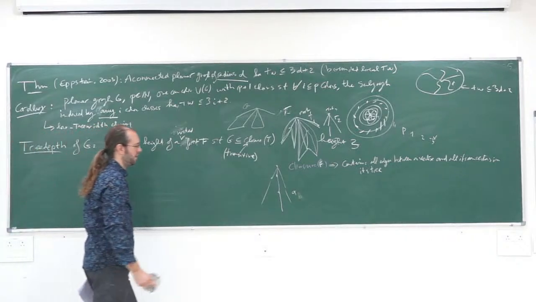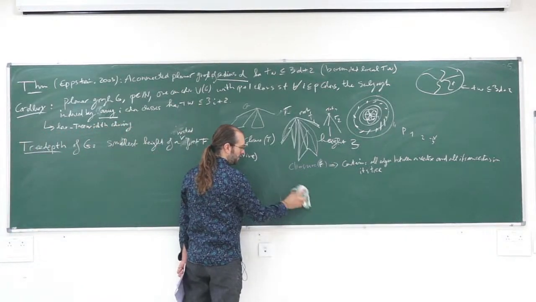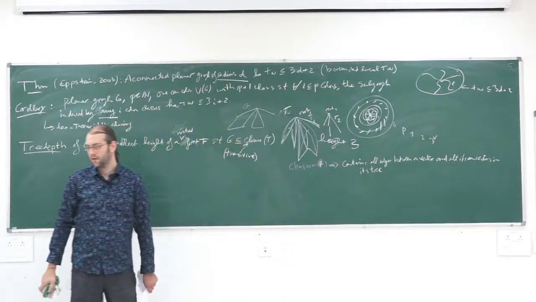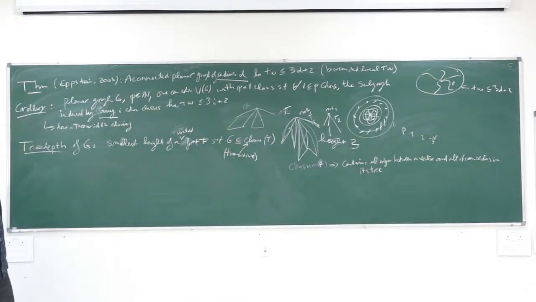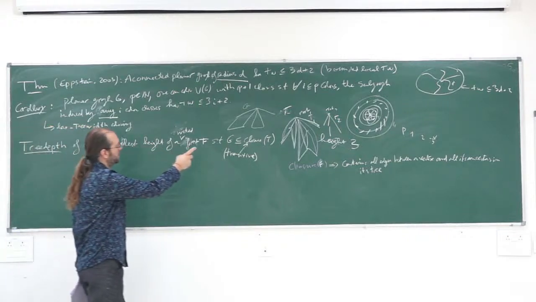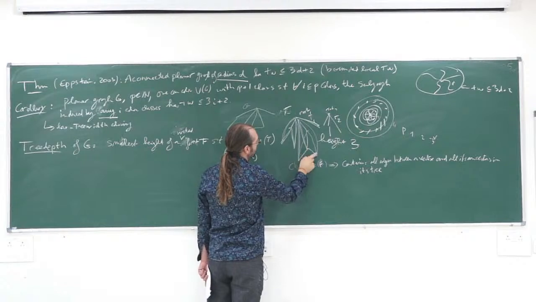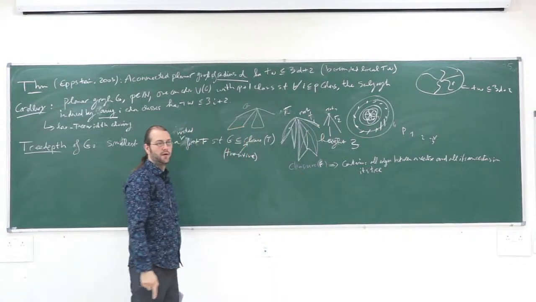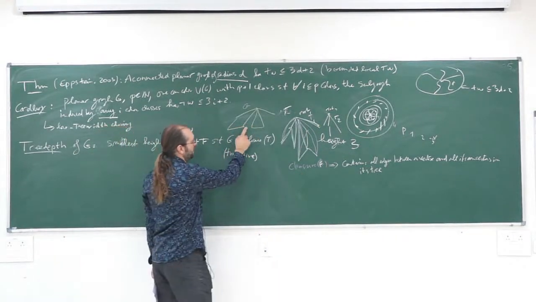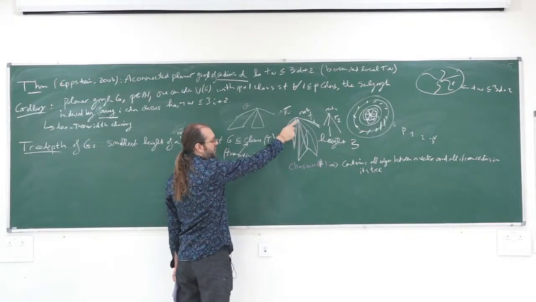If G is connected, is the number of vertices in this tree the same as the number of vertices in G? No, G can have fewer vertices, see like this: 1, 2, 3, 4, 5, 6, 7, but here I have 1, 2, 3, 4, 5, 6, 7, 8, 9. And G is sitting as a subgraph of the tree. The green thing here is the green subgraph.